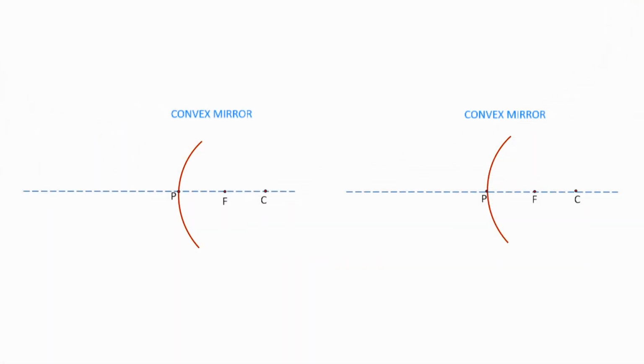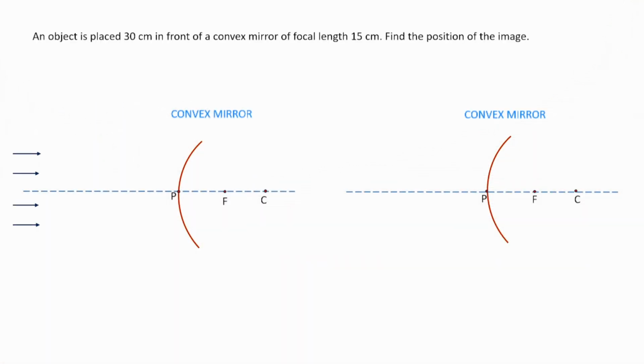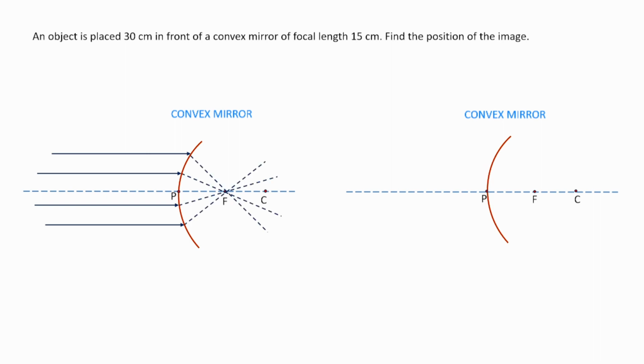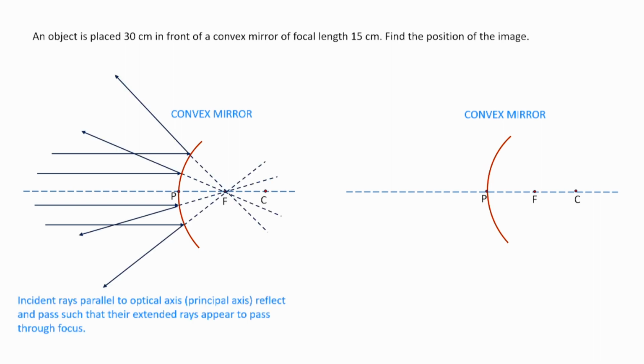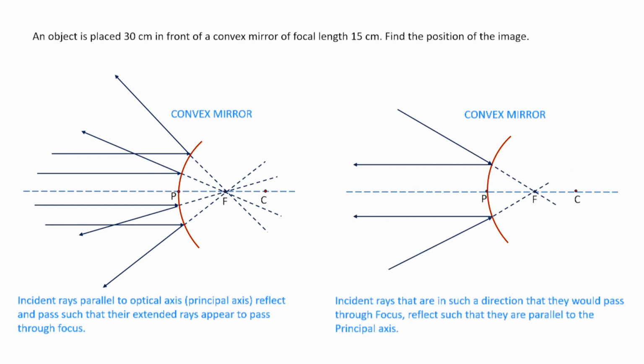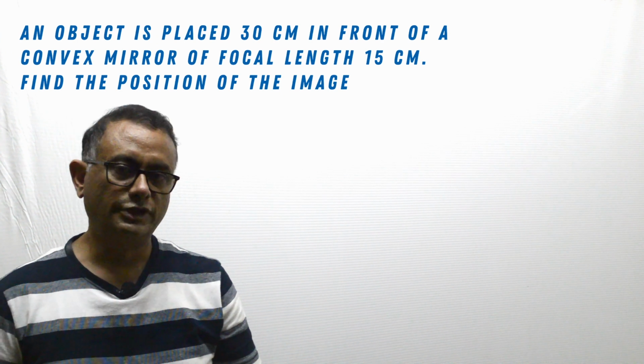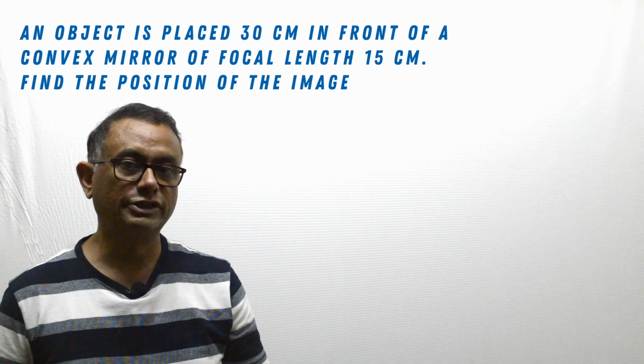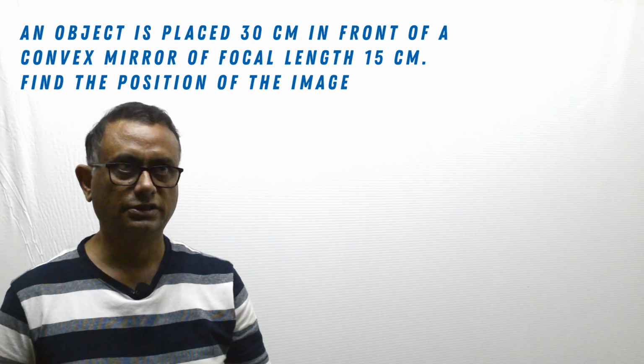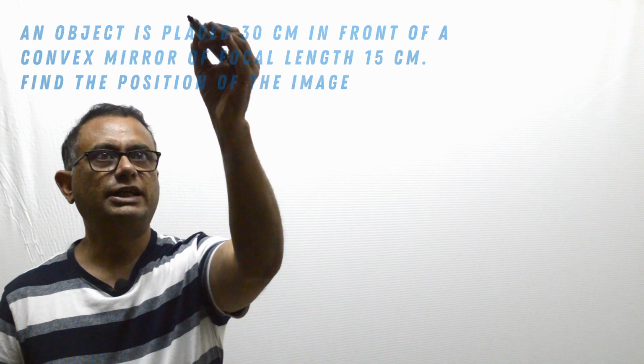So let's now try our hand at one of the convex mirror numericals. So in the given numerical, we are told that the focal length of a convex mirror is 15 centimeter. So let's make a note of that.